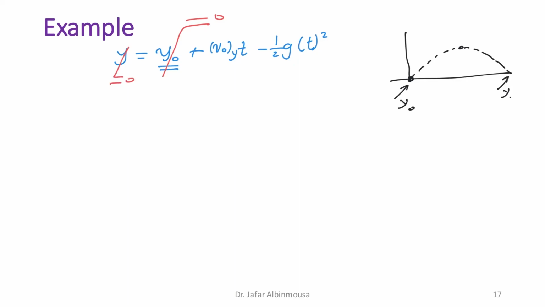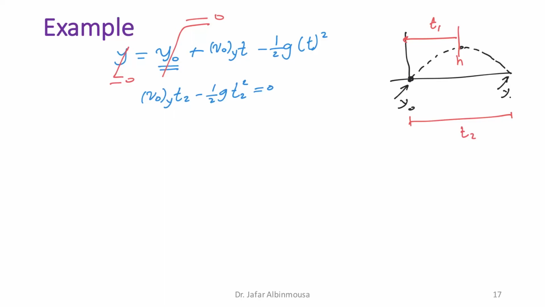And to distinguish the time to reach point H, which is the maximum height, which we call T1, we are going to call the time from here all the way to there, time 2. For that, we are going to have this equation now. So we will have V0y T2 minus half G T2 squared equals 0.